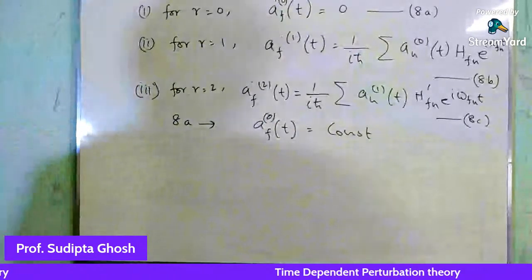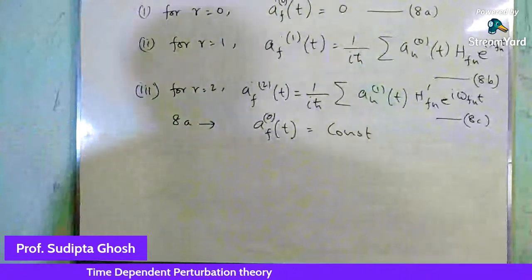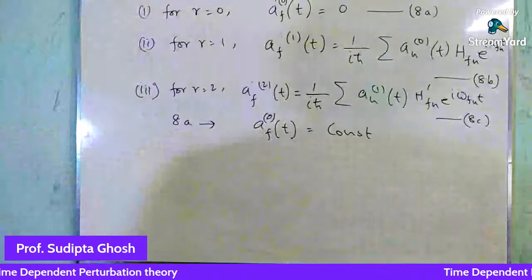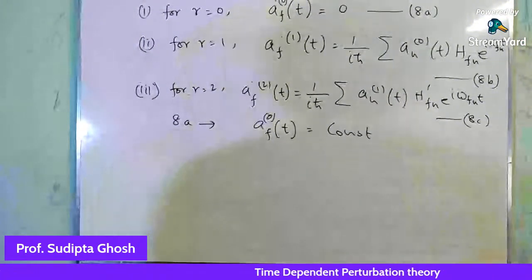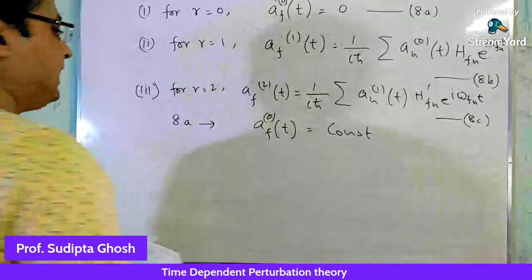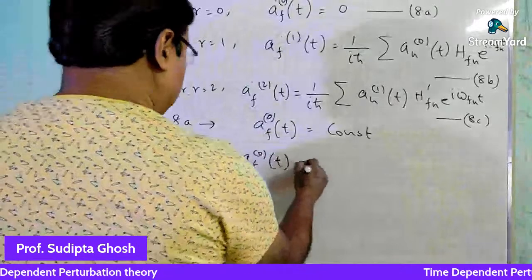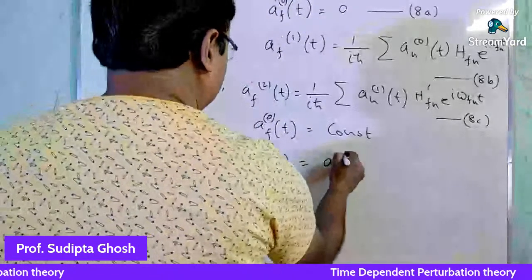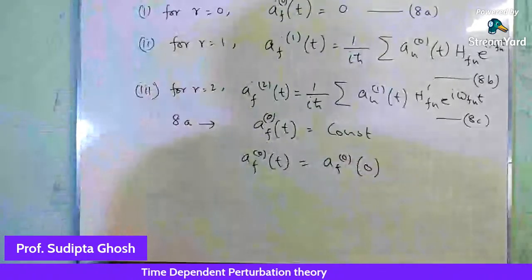In other words, a_f0(t) equals constant means that a_f0(t) does not depend upon time, or it can be written as a_f0(t) is actually equal to a_f0 at time t equals 0.